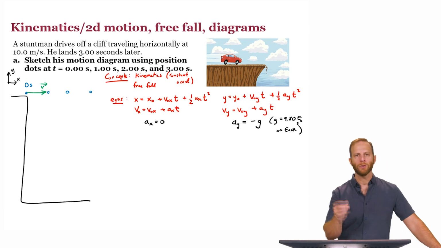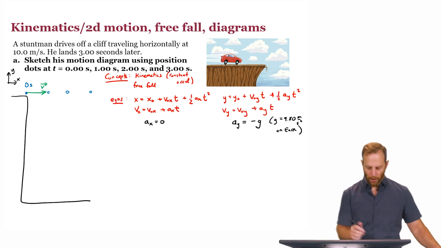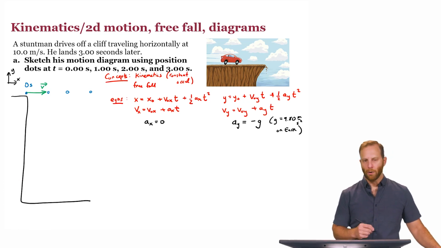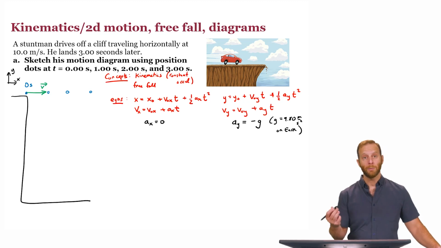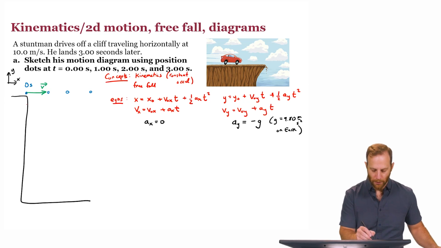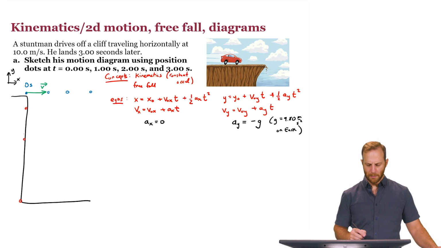I'm drawing them as open circles just to get a sense of where they will be. The vertical position will evolve according to free fall. If the object was simply dropped straight down, it would start there at the top, and after 1 second it might be here, after 2 seconds here, and at 3 seconds it'll be at the ground.